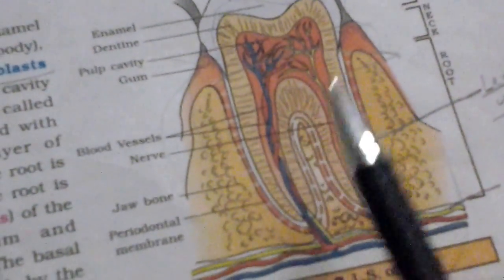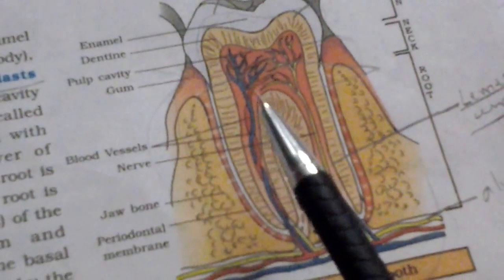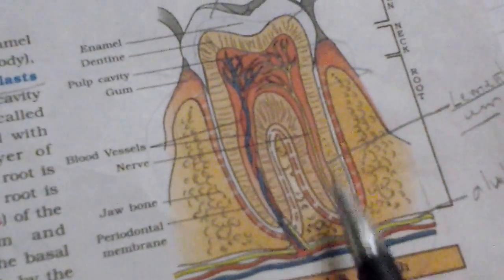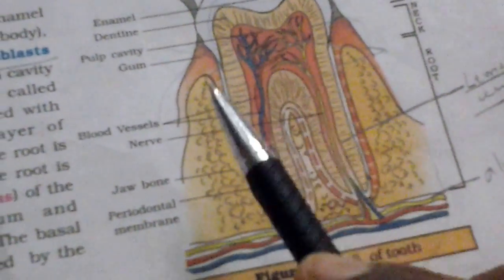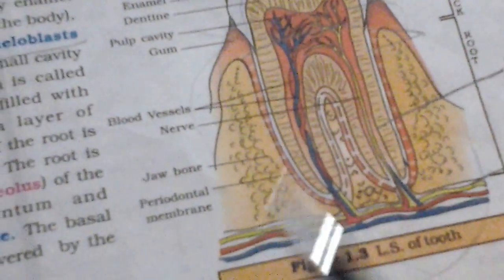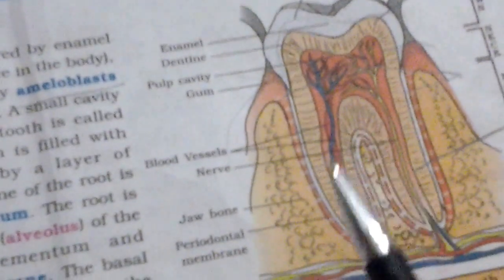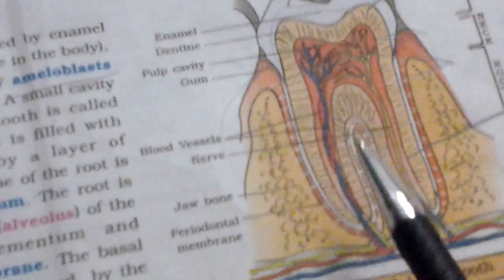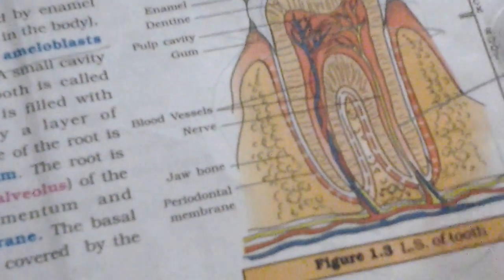The first part in the root which you find is the dentine, which is covered by cementum, and inside it has a small cavity in which pulp is filled, and this pulp constitutes many nerves in a twisted network. And then there's the periodontal membrane, and that's it.